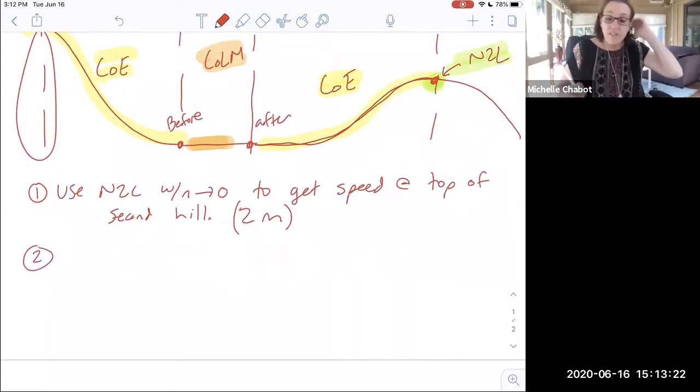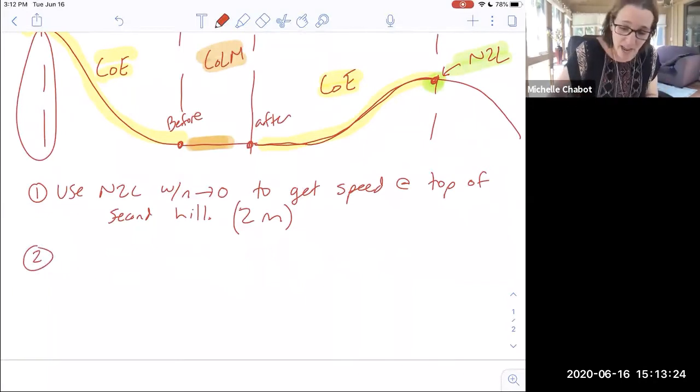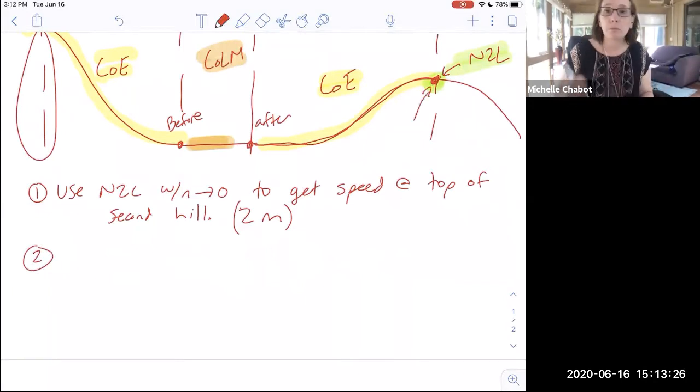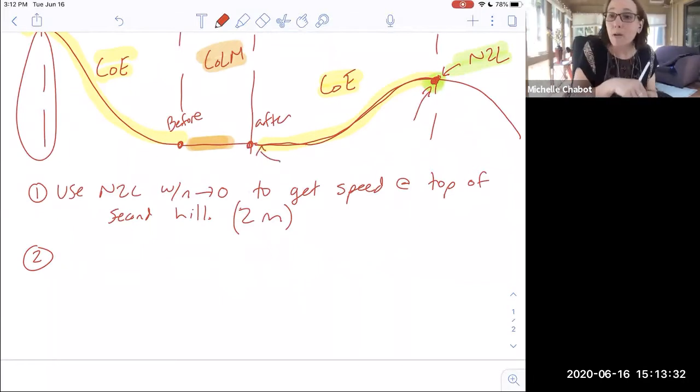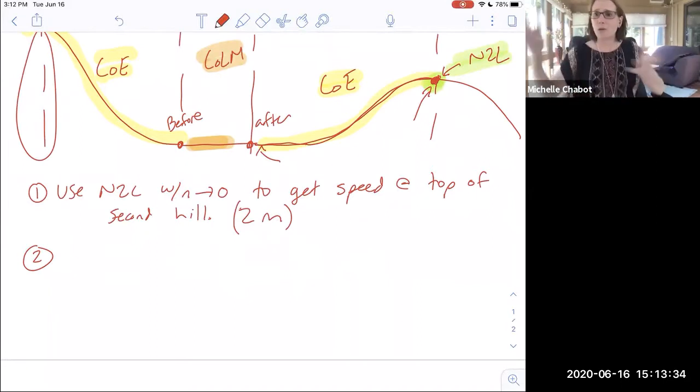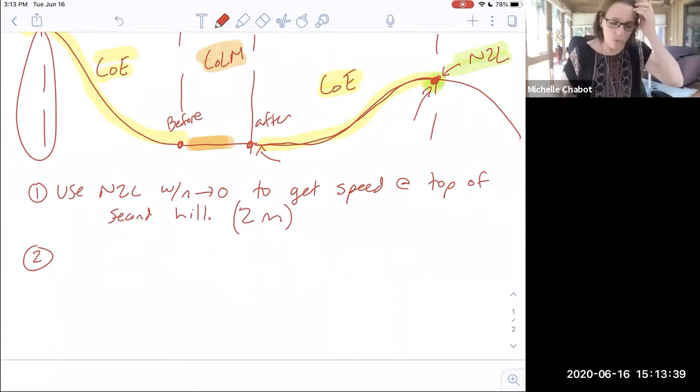All right. Then after I know the speed at the top of the hill, I'm going to use energy to get the speed right before the collision. So I can work backwards in time, and that's okay because initial equals final, so final equals initial. It doesn't really matter which way I go with my conservation laws, right?